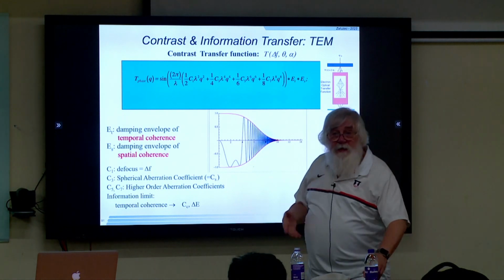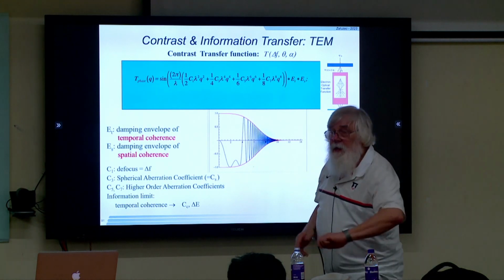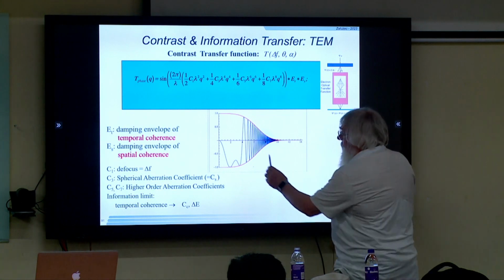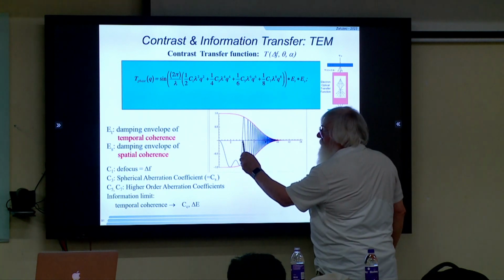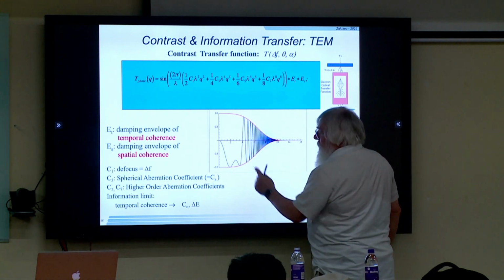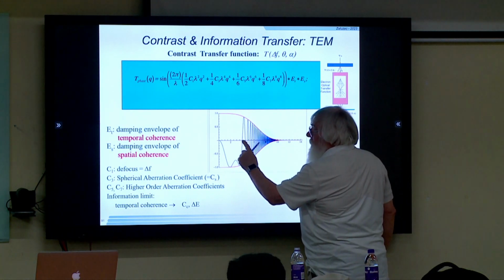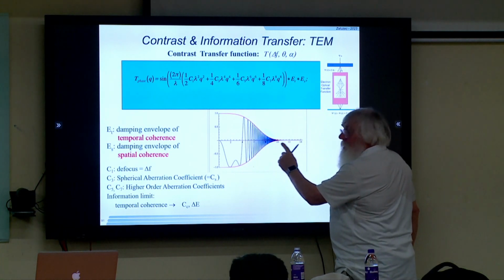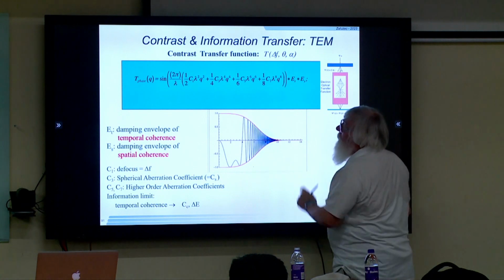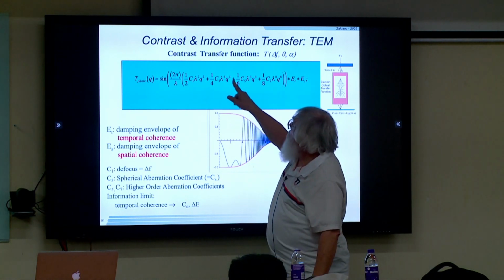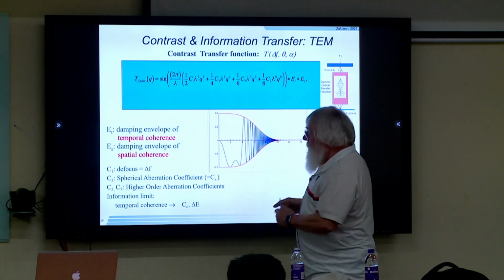Conventionally, the resolution limit of a microscope is usually defined at the first crossover of 0, this point right here. So how can we move this point this way? We move this point this way by adjusting the aberration coefficients, okay?